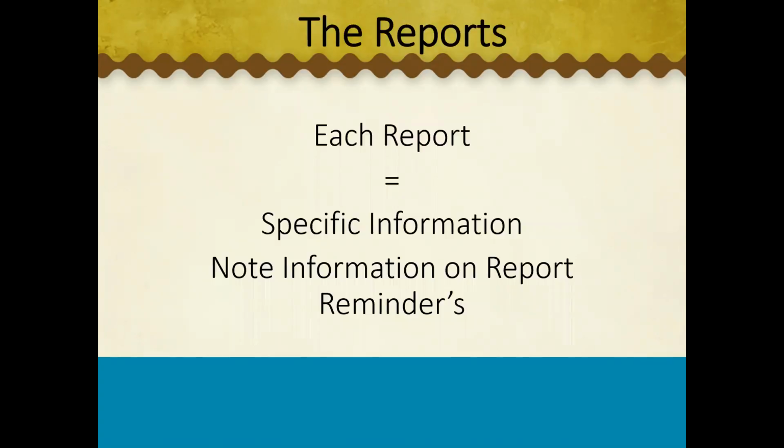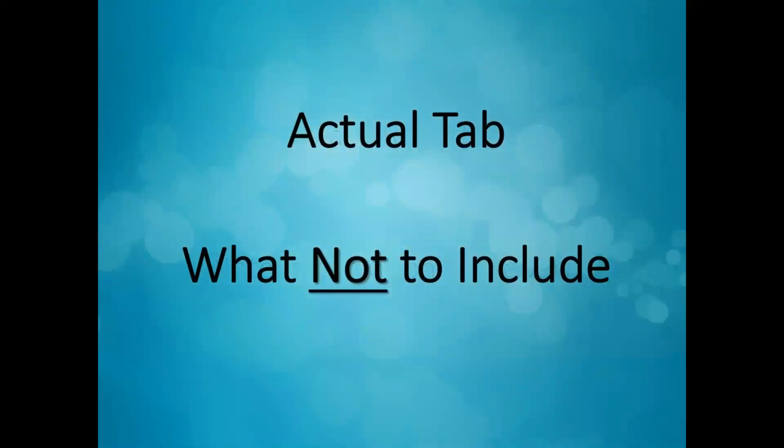So for example, we would include that in the report reminder. So it's really important to take a look at what we're asking for and to act accordingly. So that's everything that's supposed to be included in the actual tab and in those reports.